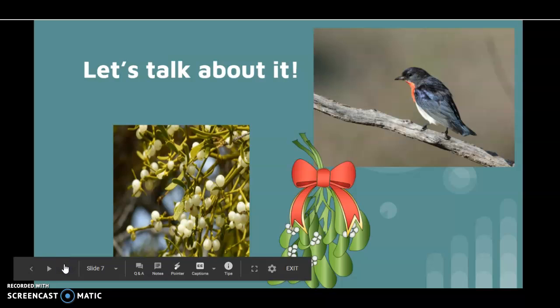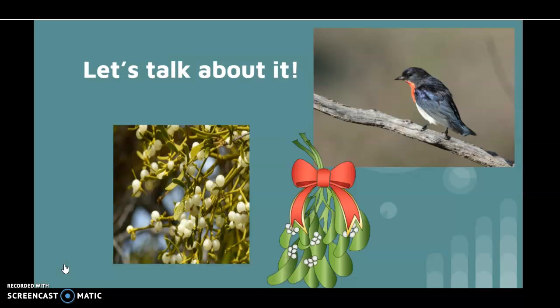Okay, so again, pretty interesting, huh? So just to be clear, it said that the mistletoe plant is a parasite, right? And a parasite is an organism that lives off of another organism, its host, and it gets nutrients from its host at the host's expense, right?